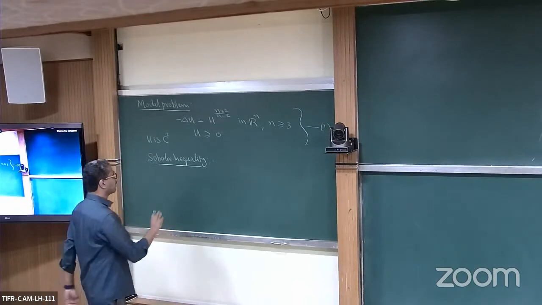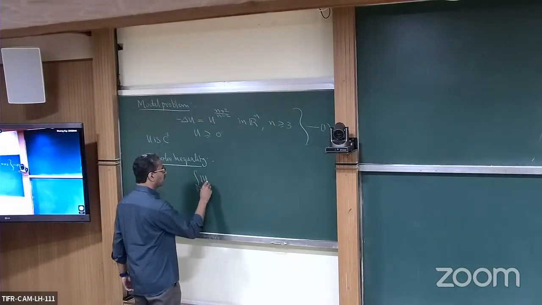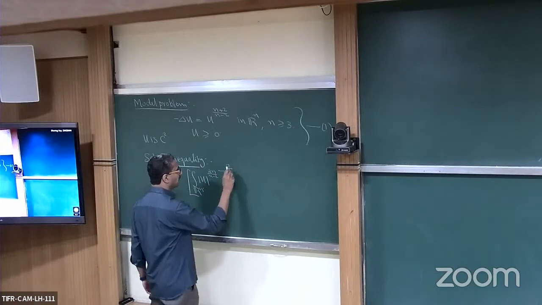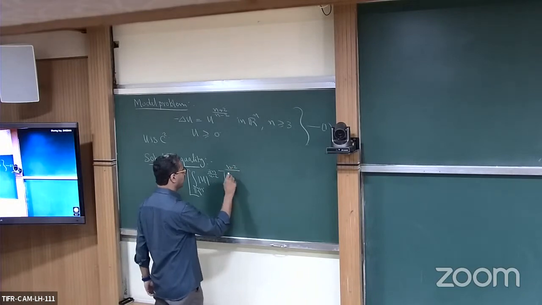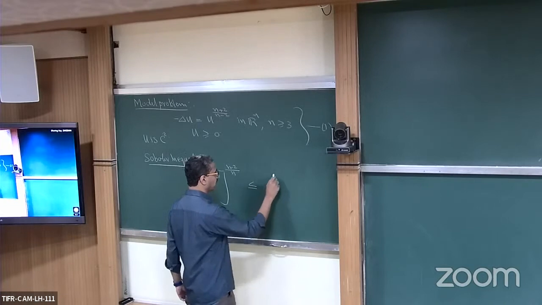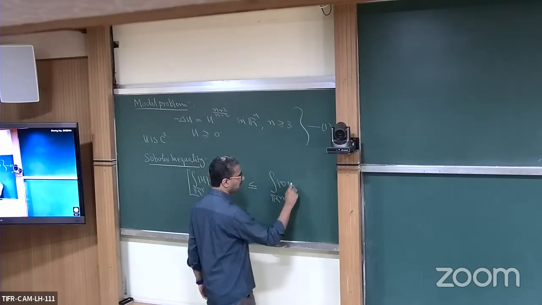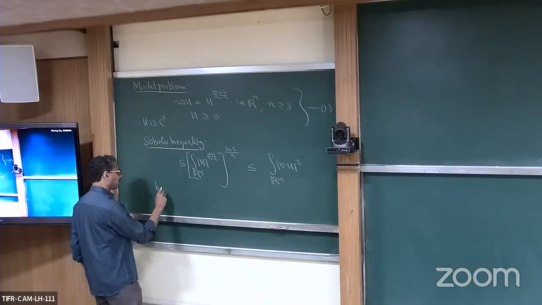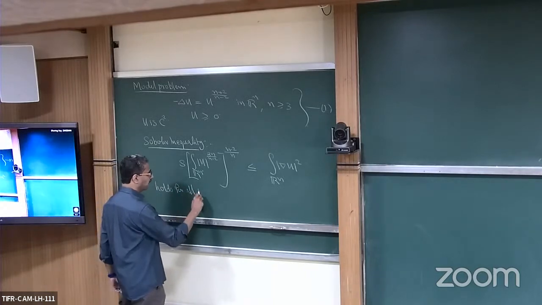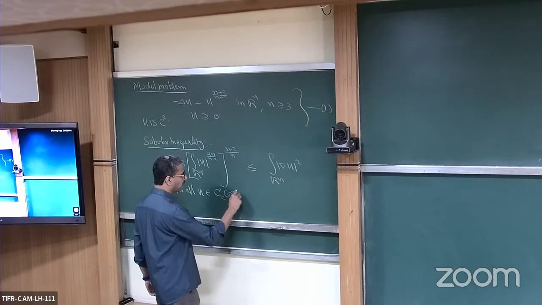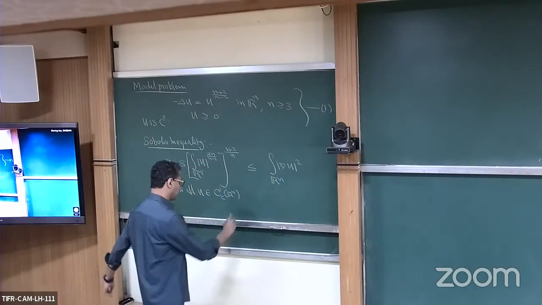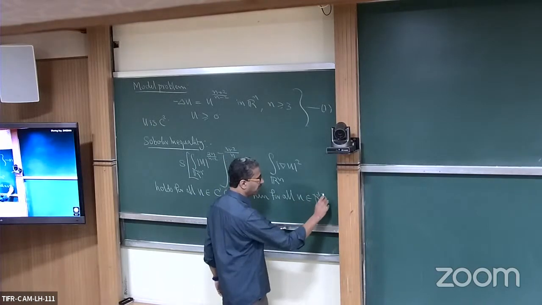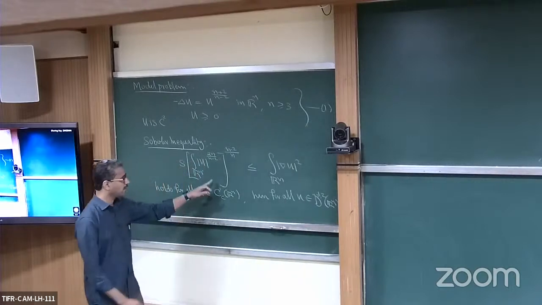The Sobolev inequality tells you that the integral over R^n of u to the power 2 star, that is 2n by n minus 2, is less than or equal to an optimal constant times the integral of the gradient of u squared, and this inequality holds for compactly supported functions in R^n, and hence on its completion, which is basically the completion of C_c^1 with respect to this norm.